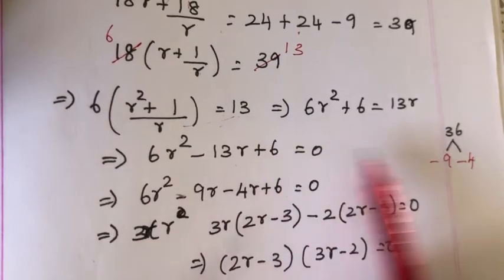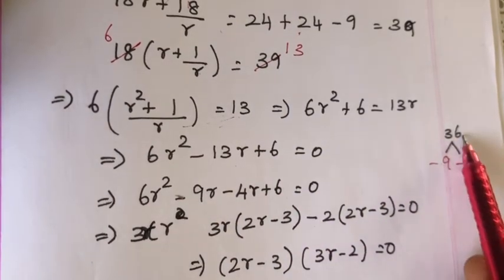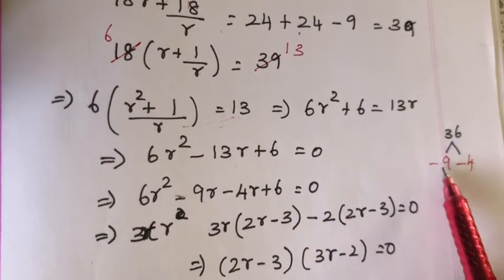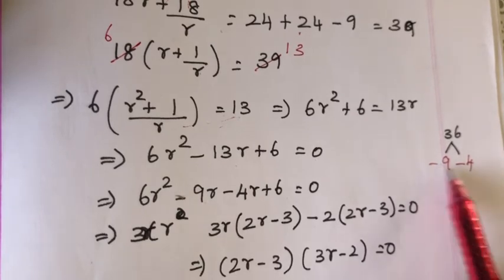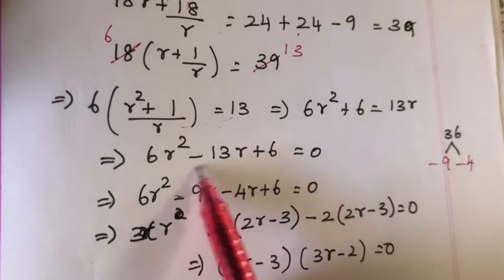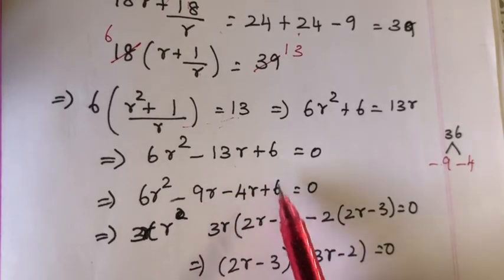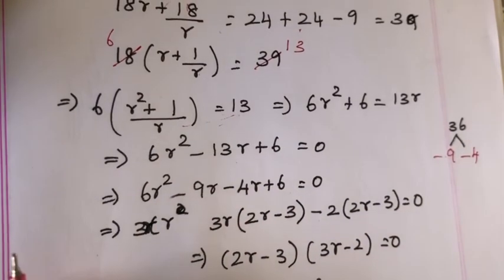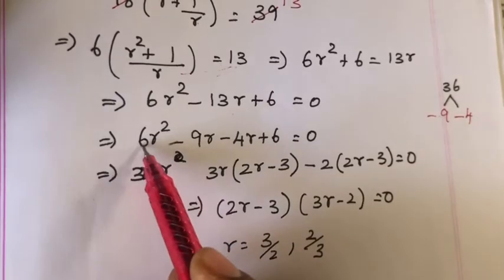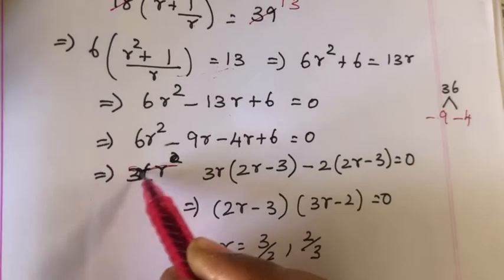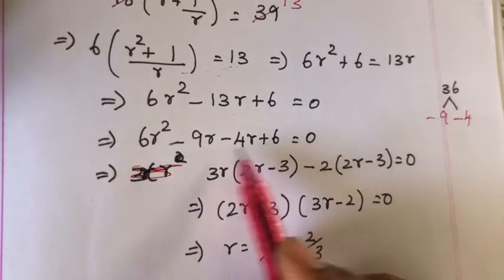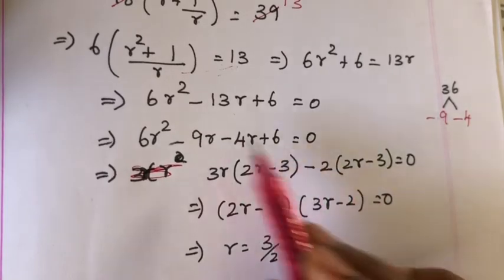6 into 6 it is 36. So, the factors of 36 are minus 9 and minus 4. While adding these two I get minus 13. So, 6R square minus 9R minus 4R plus 6 is equal to 0. Now, we can take 3R from the first two terms and minus 2 from the second two terms.